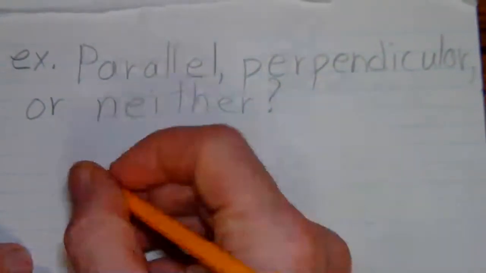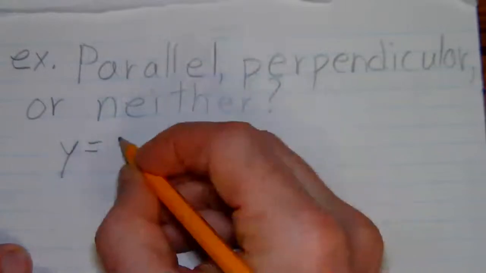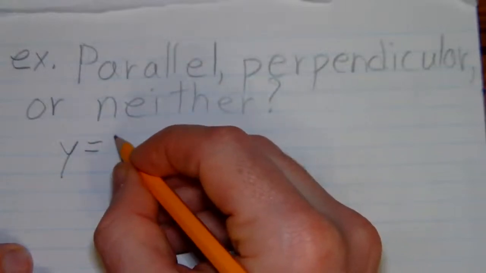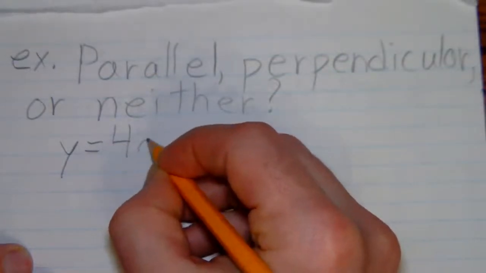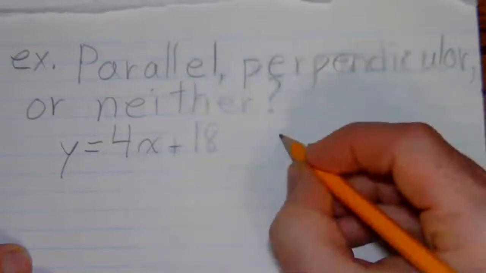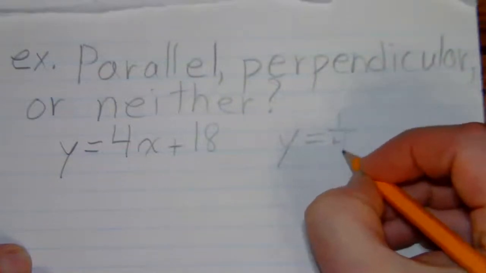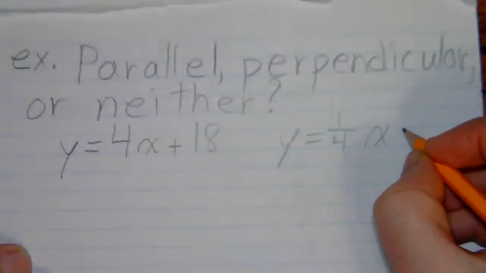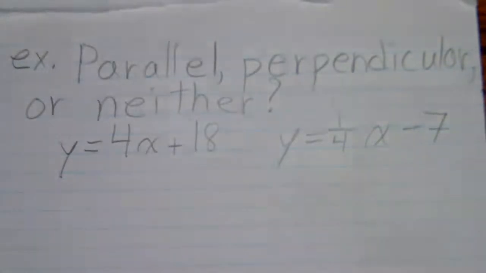So let's try it with y equals 4x plus 18 and y equals 1/4 x minus 7. So are these lines parallel, perpendicular, or neither?